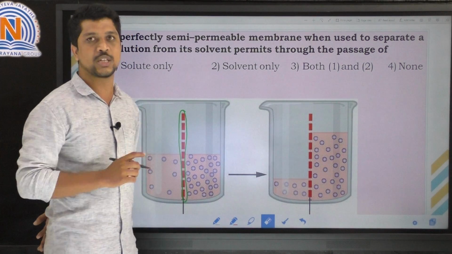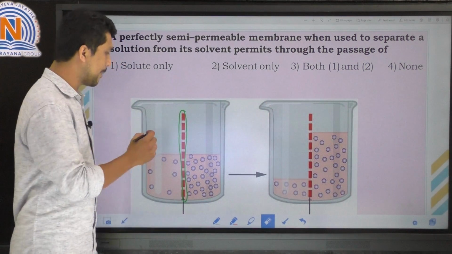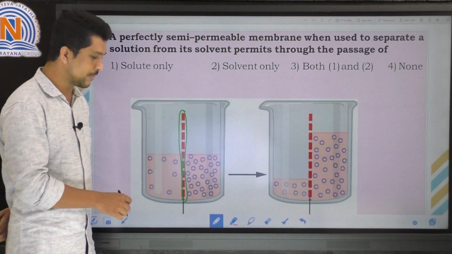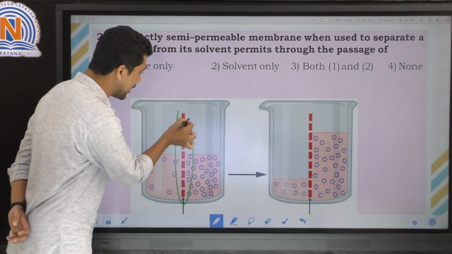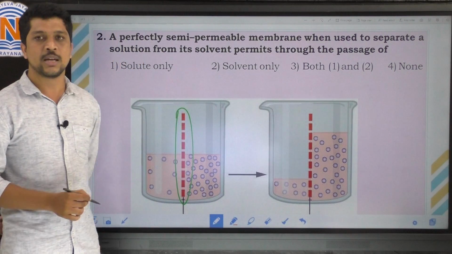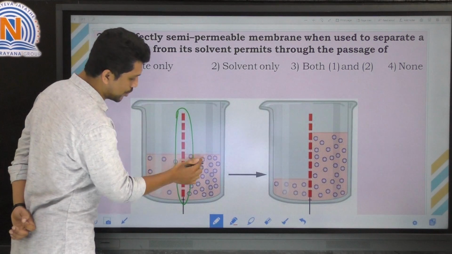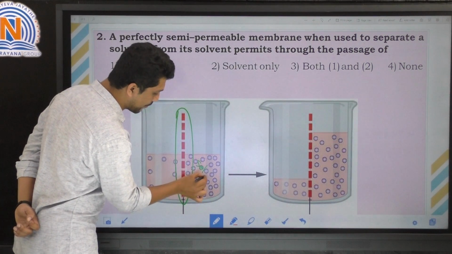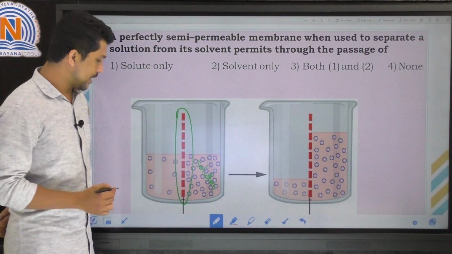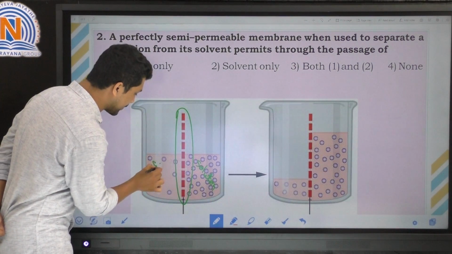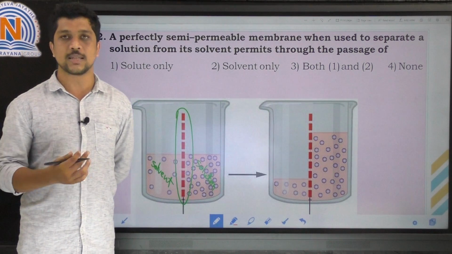So according to the question, a perfectly semi-permeable membrane, this red colored thin sheet, is used to separate a solution, this one, from its solvent, this one, through the passage of.